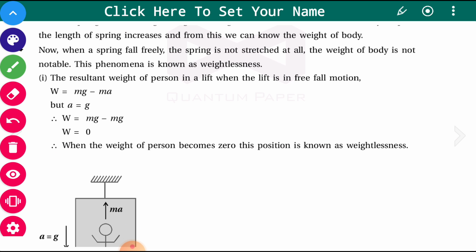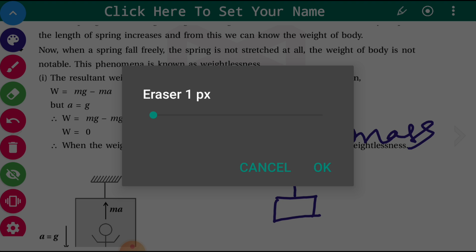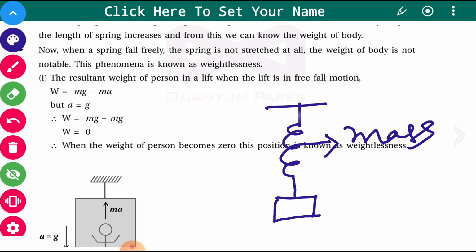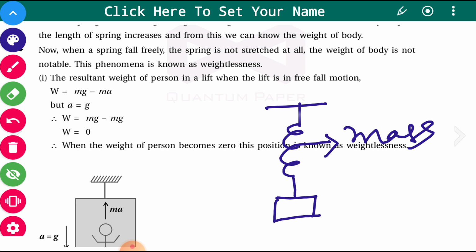Now when the spring falls freely, try to understand: when the spring is initially hung this way and the object is kept here, its pointer shows some mass. Now suppose it is suddenly broken somewhere here. What will happen?